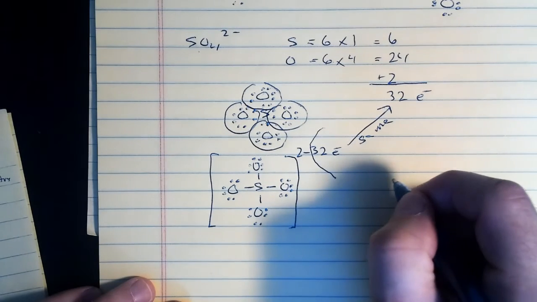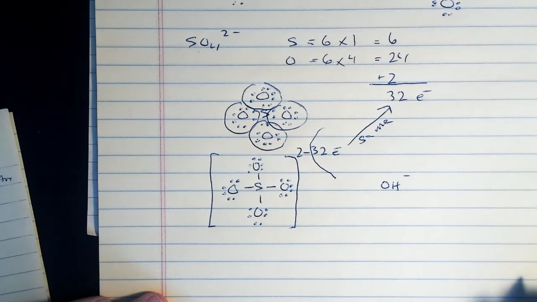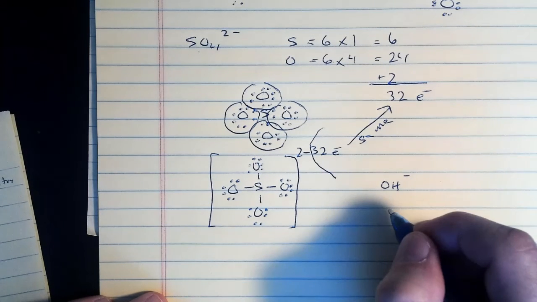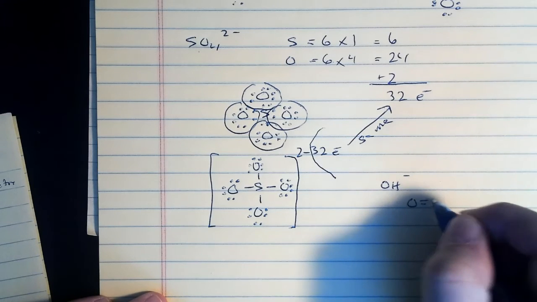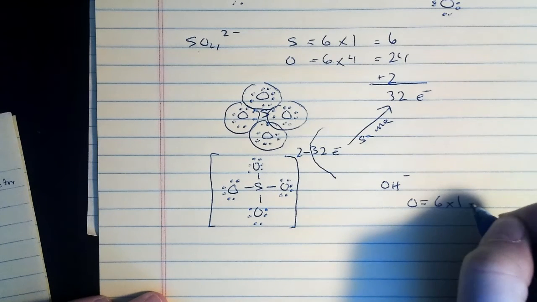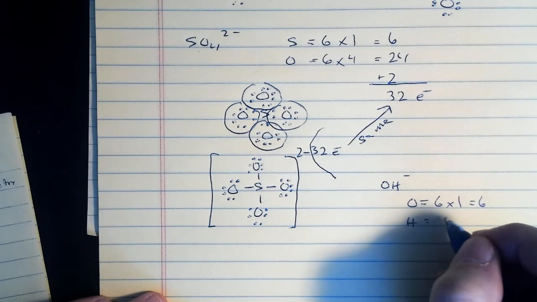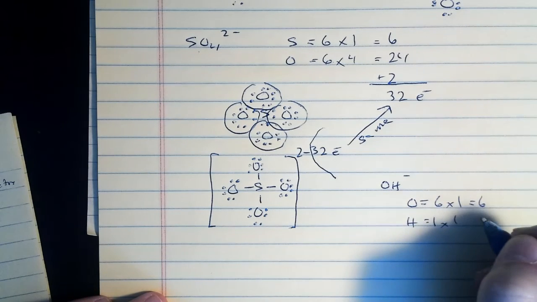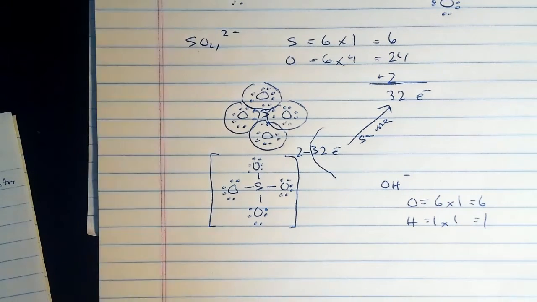We can do another simpler one with hydroxide, and we're going to write this out again. So oxygen is equal to 6 times 1 is equal to 6. Hydrogen is equal to 1 times 1, which is equal to 1.